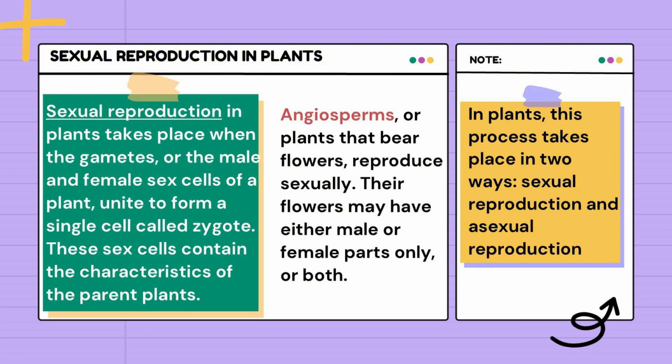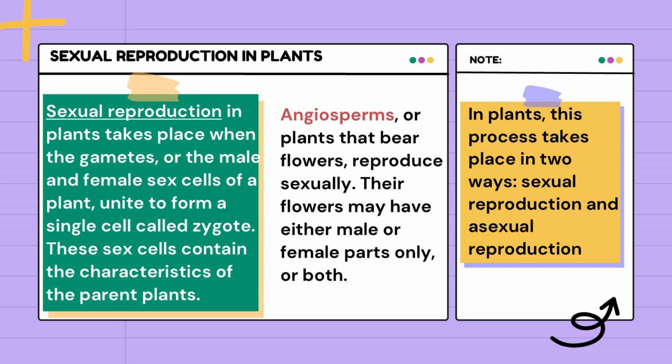Okay. So, kapag sinabi natin na angiosperms, sila yung mga nagbubulaklak na halaman. At alam naman po natin na ang reproductive organ ng halaman ay yung tinatawag natin na flower. So, if wala po siyang flower, then that is not an angiosperm. That is not reproducing sexually.